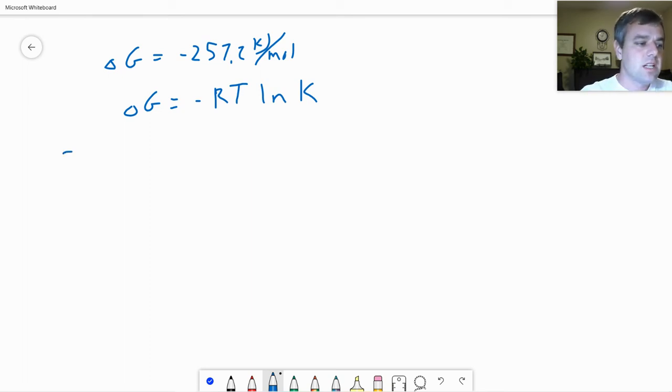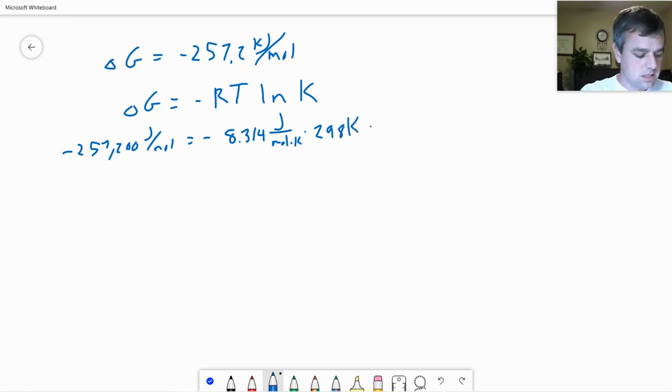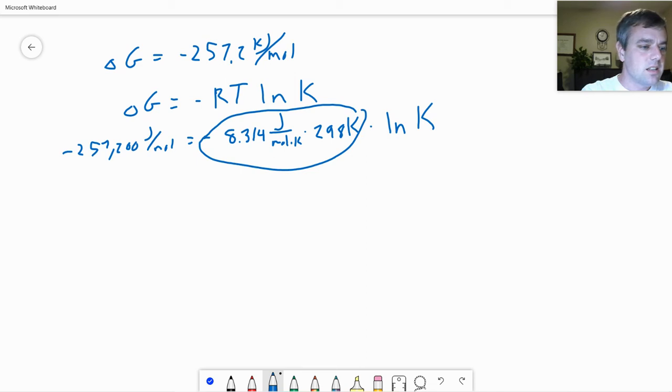So we have negative 257,200 joules per mole equals negative 8.314 joules per mole Kelvin, times the temperature, 298 kelvins, times the natural log of K. To solve for the natural log of K, we're going to need to divide that out.